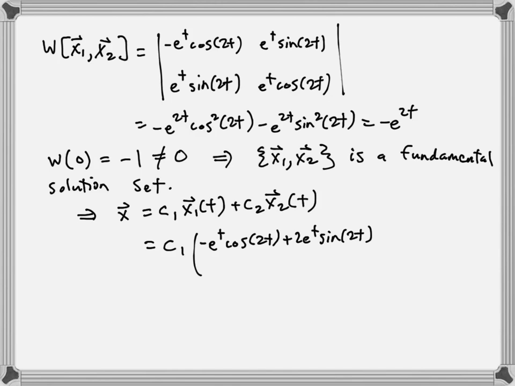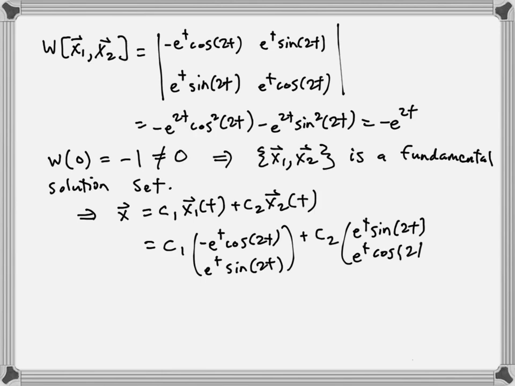Oh, sorry, that was the derivative. I wrote the wrong thing down. It would be like this, plus c2 times e to the t sine of 2t, e to the t cosine of 2t. This would be the general solution.